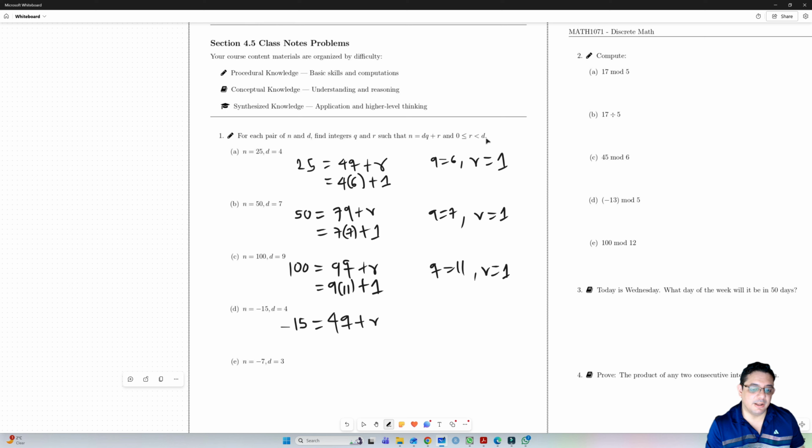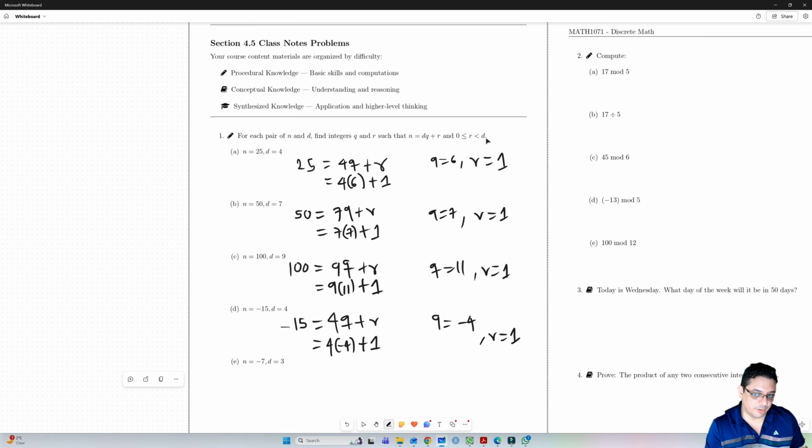That means that minus 3 is not going to work. Now if I use 4 times minus 4, that is minus 16. So now I can add 1, and I'm going to get to minus 15. So here the q is going to be minus 4, and once again r is 1.